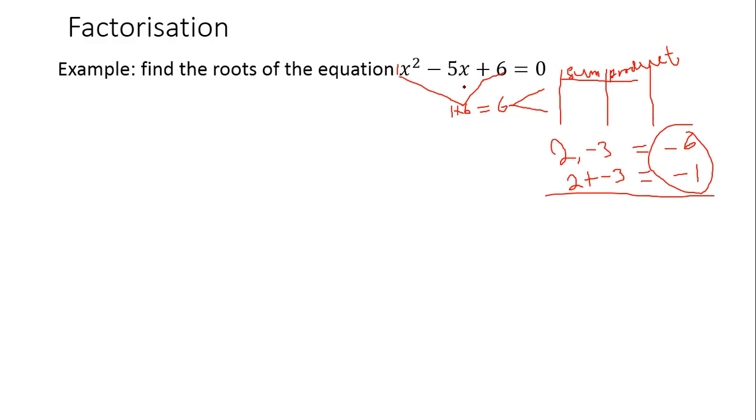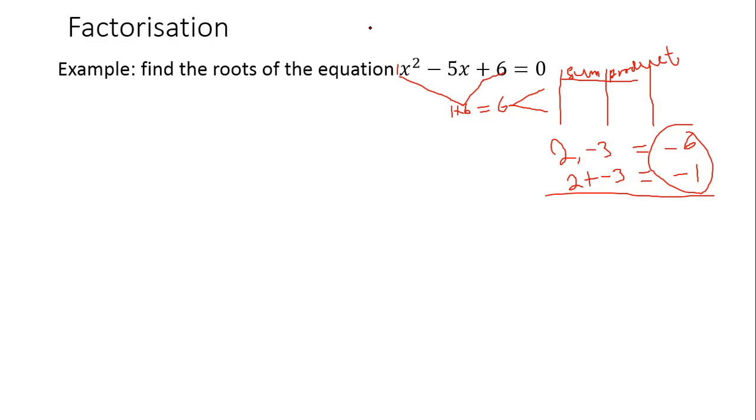The addition should give us negative 5, the multiplication gives us 6. Any other numbers? 5 and 1.